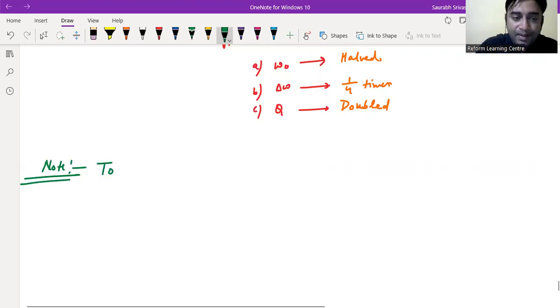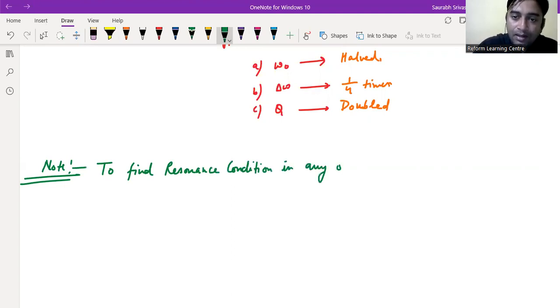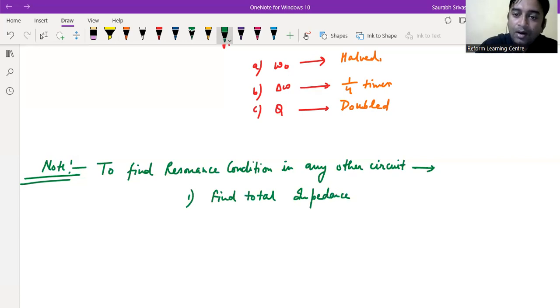एक जनरल मेथड है to find resonance in any other circuit. To find resonance condition in any other circuit, क्या करना होता है? पहला पार्ट, find total impedance or admittance of circuit.